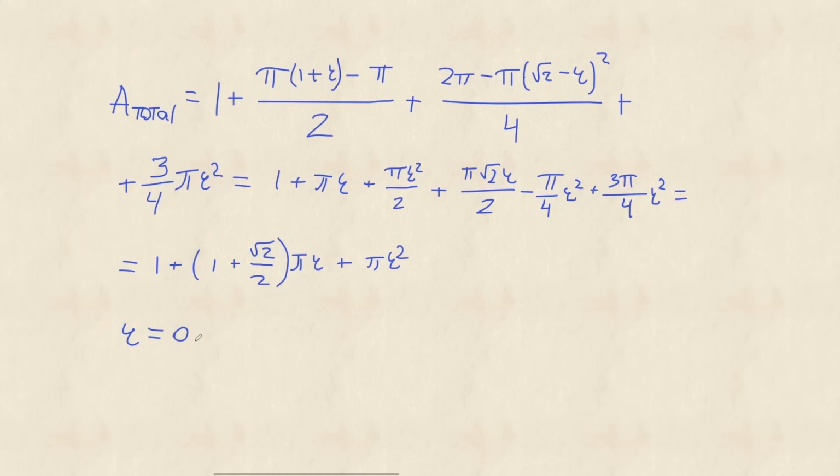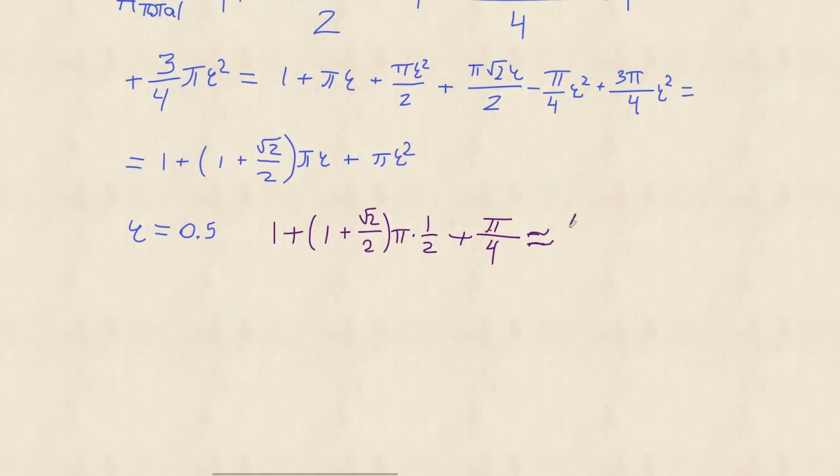So if r equals 0.5, we can calculate the value of this expression. So let's do that. It's going to be 1 plus (1 plus square root of 2 over 2) times pi times 1/2 plus pi over 4. Now we can use a calculator to estimate the result.